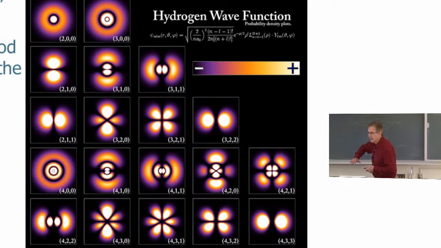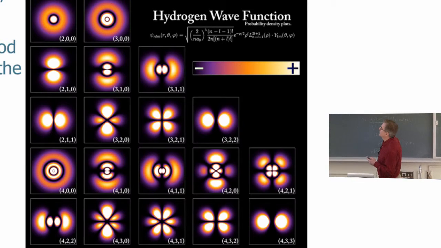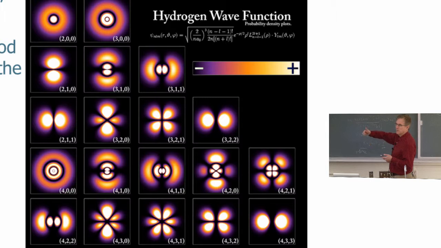And the answer turns out to be exactly the same as what Bohr got with his model for the energy levels. What was new in the solutions to the Schrödinger equation is that you have additional quantum numbers corresponding to the angular momentum of the electrons going around the proton, the so-called total angular momentum, and the z component of the angular momentum.